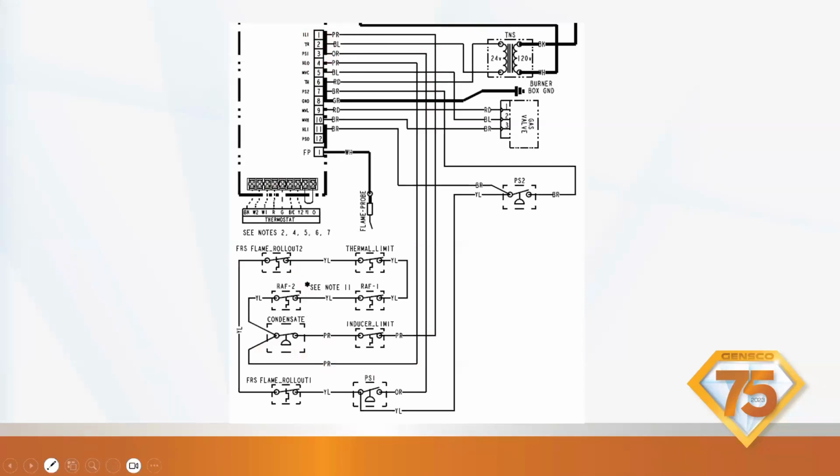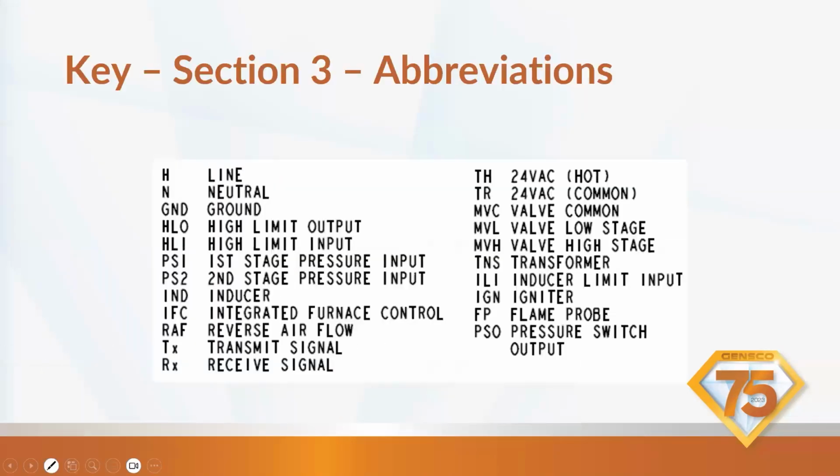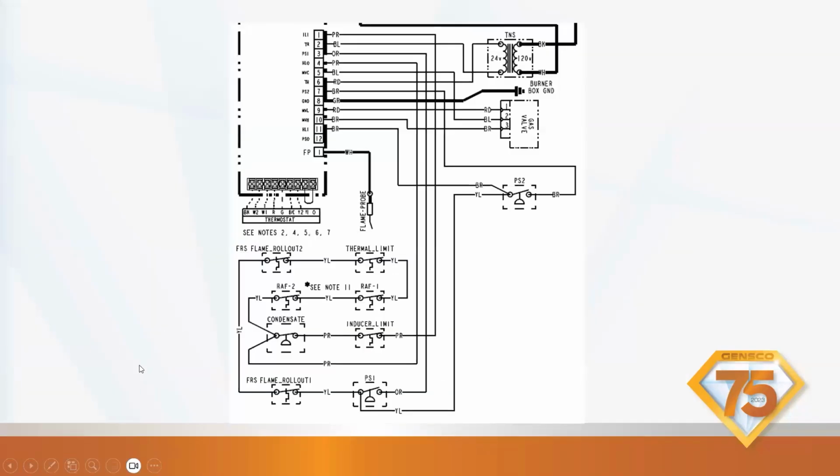All right, so you see HLO. We're going to go back. HLO is right here, high limit output. Okay, high limit output coming off of the board. So we're going to follow that. HLO, high limit output on this purple wire.